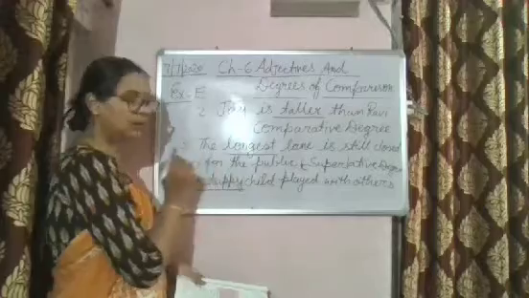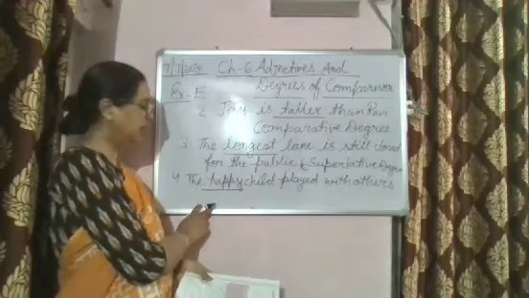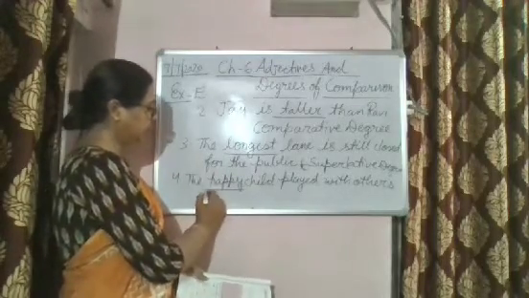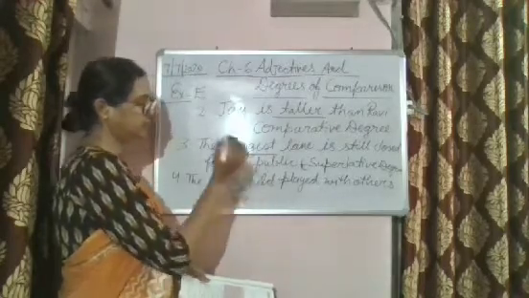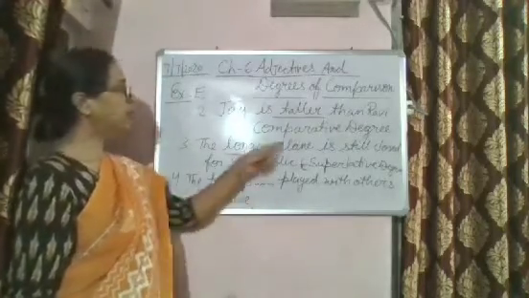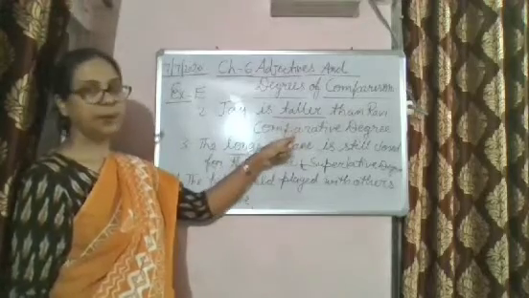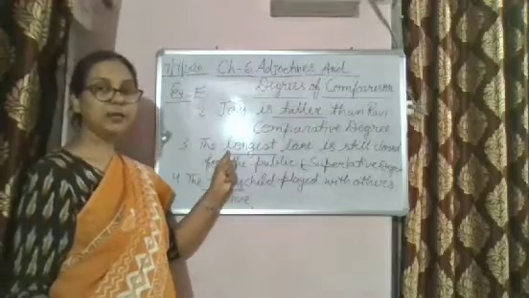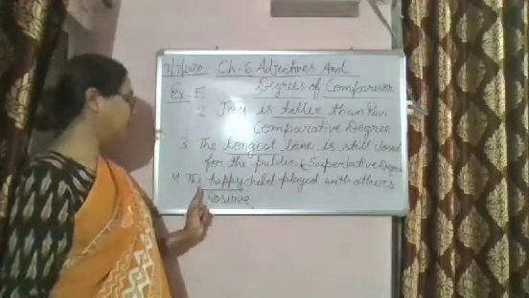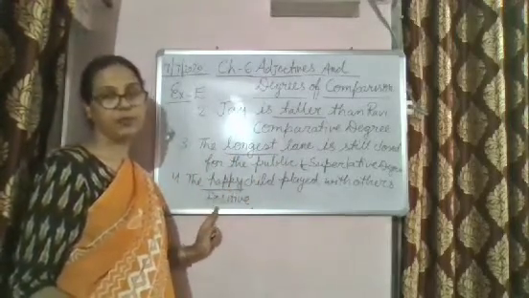Happy, it is adjective, and this is positive degree. Here you can see taller is a comparative degree. In third, longest, superlative degree. And in fourth, happy is a positive degree.